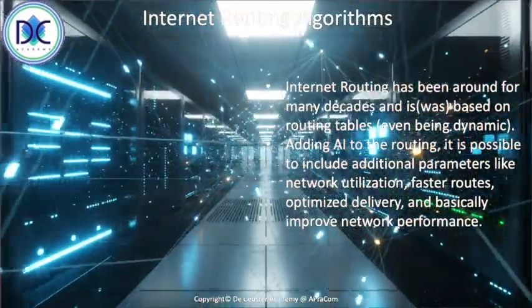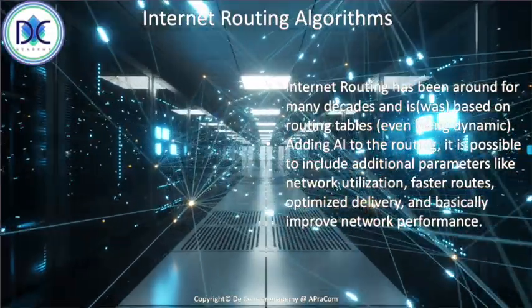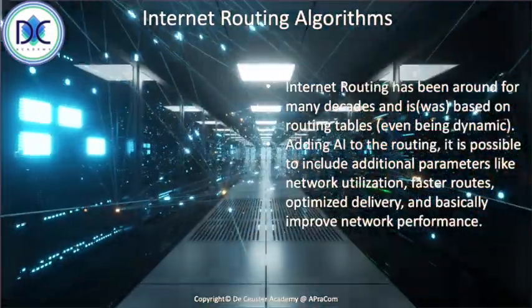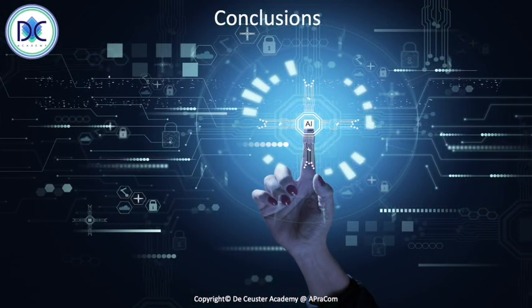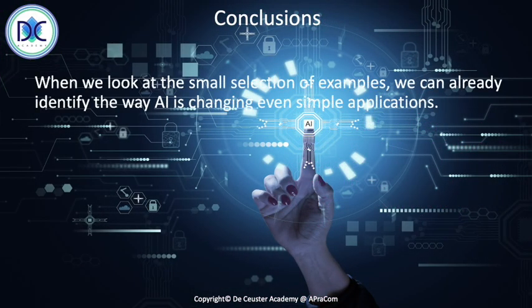So that was it for the examples. Let's have a look at some conclusions. Now we just have considered a small selection of examples, and we can already see the way artificial intelligence is changing even simple applications.